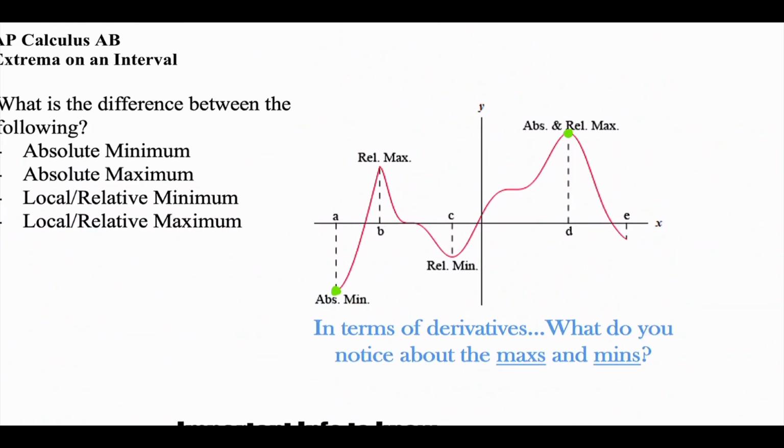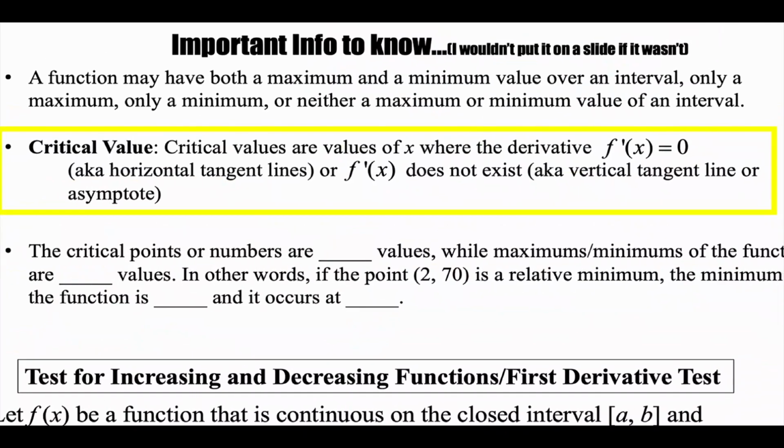This guy is a function, and it has a relative maximum, a relative minimum, an absolute maximum, and an absolute minimum. Or only a maximum. Sometimes there won't be any minimums. Or the opposite, only a minimum. Or it could have neither maximum nor minimum.